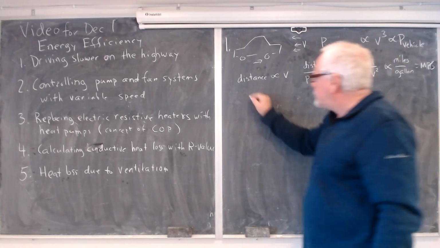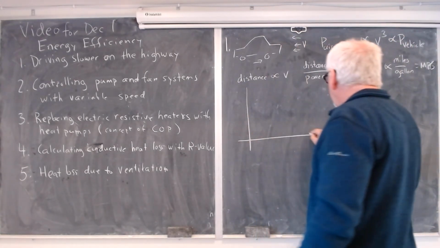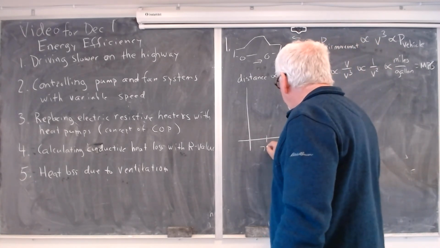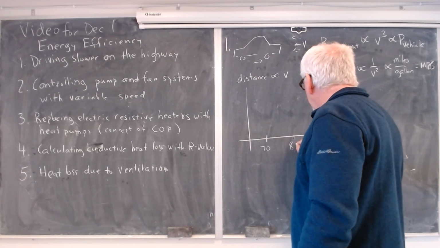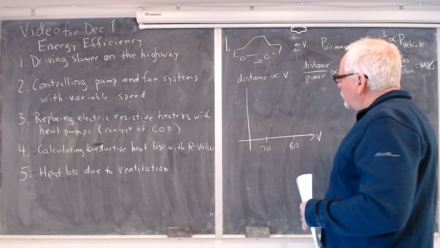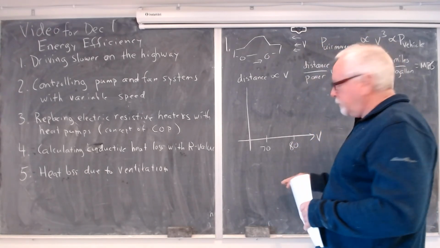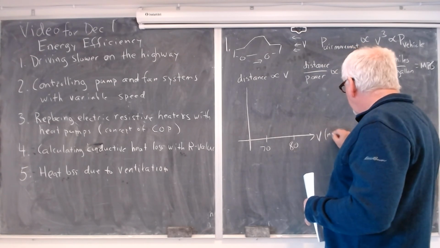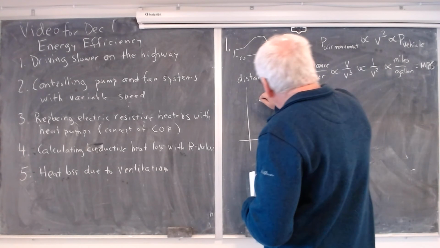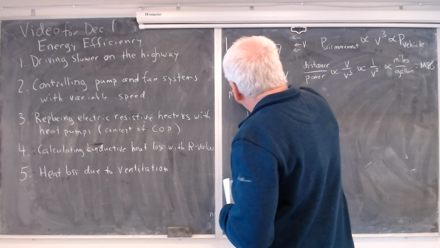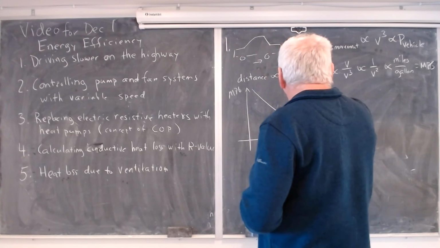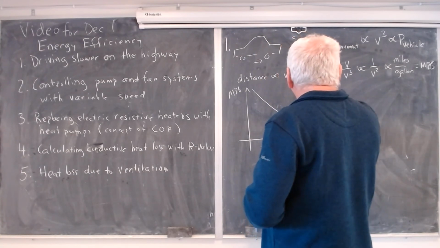So at highway speeds, and I'll draw a couple of highway speeds, both of which are mostly illegal. But just to illustrate the point, going 70 and 80 miles per hour, your MPG, your miles per gallon, will go roughly as 1 over v squared.